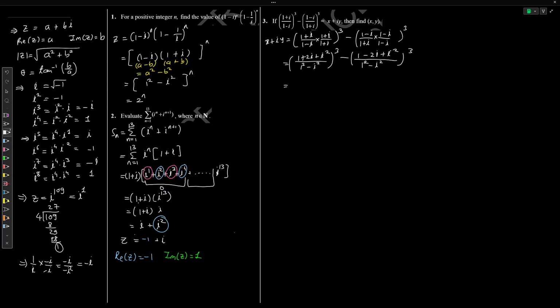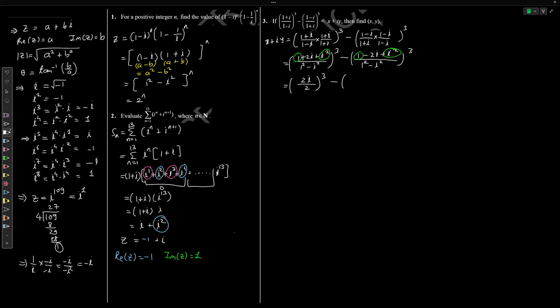Now in further simplification, notice that i square is minus 1, so 1 minus 1 will become 0. The only remaining term in numerator is 2i. And what about denominator? In the second bracket, 1 and i square will be cancelled out.